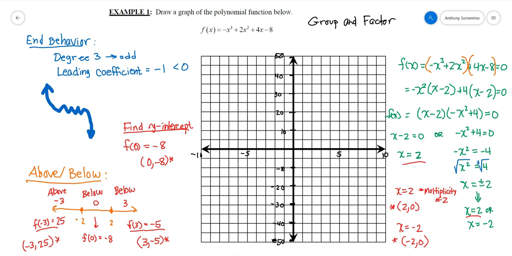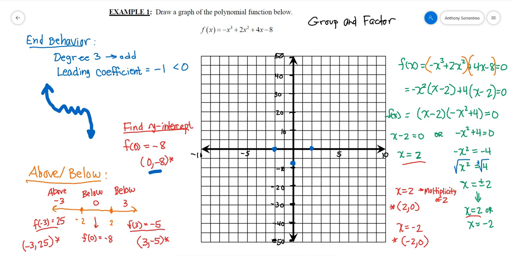So, plotting some of the points that I do have at this point. I have this 0, -8. And I'm going to have to judge where that is. I would say it's roughly about here. I have the two zeros, 2, 0 and -2, 0.